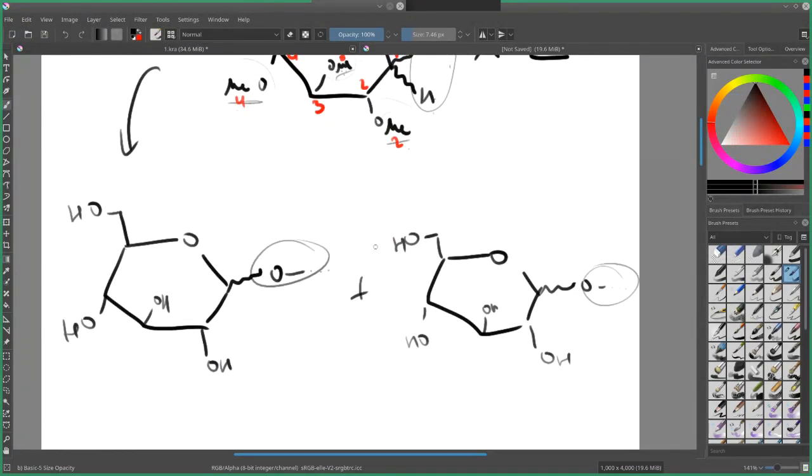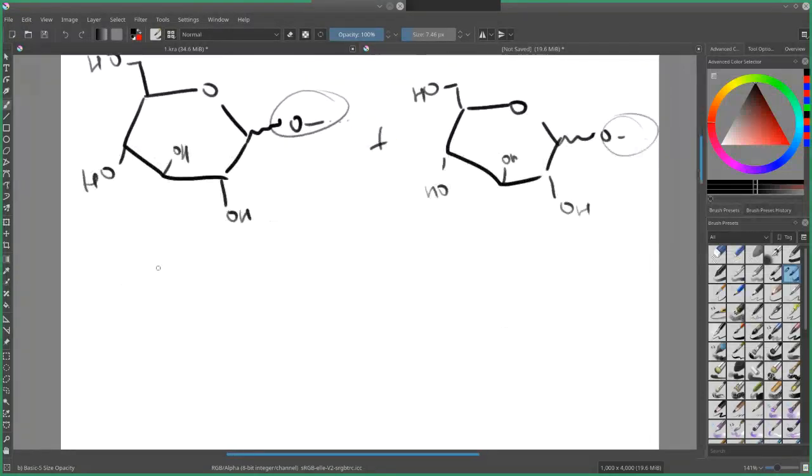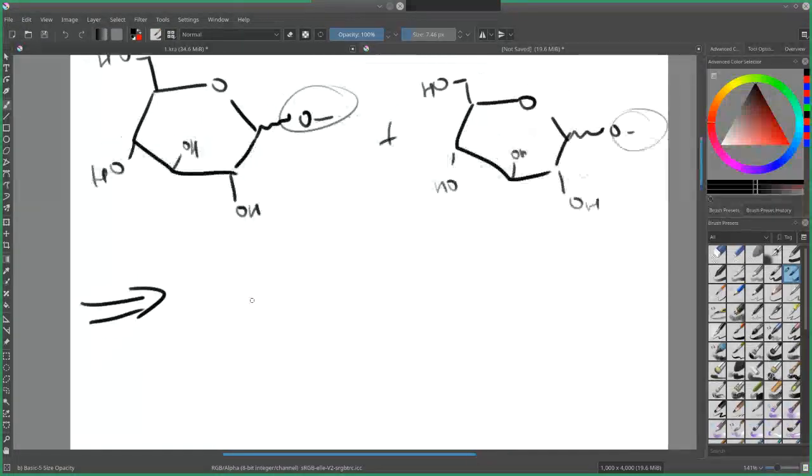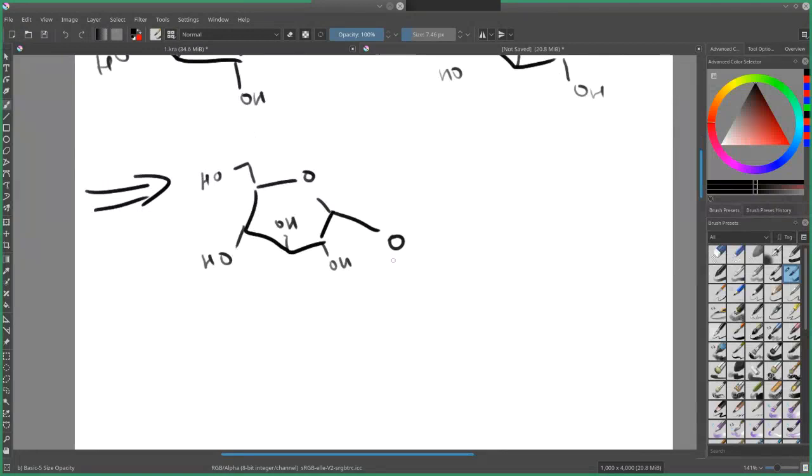So for both of them, they're bonded at the anomeric carbon, which means that what we started with looked like, here's a glucose, and then, that's messy.